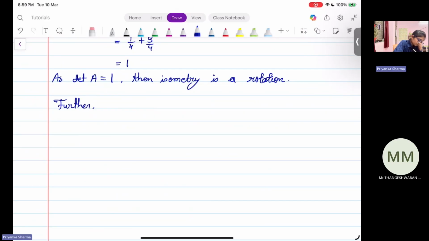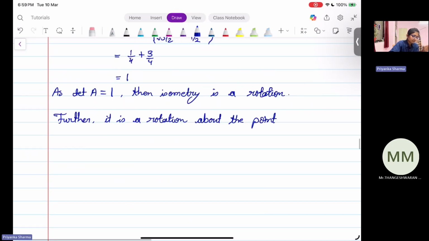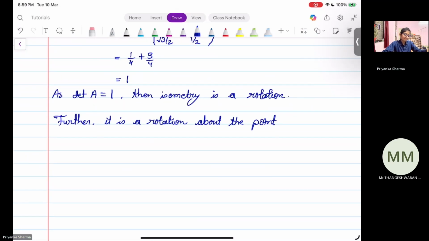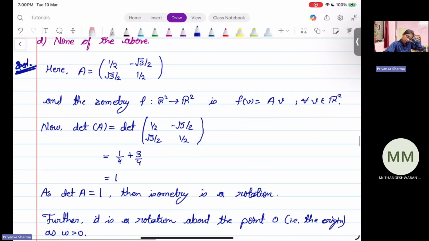If it is also asked, what is the point? It is a rotation about the point 0, that is the origin, as omega is 0 here.